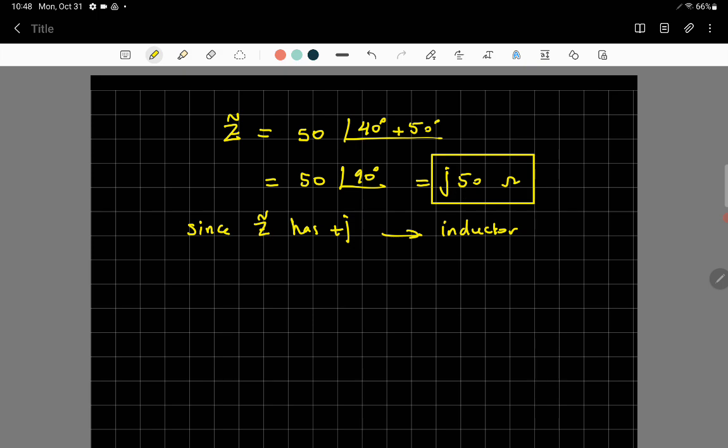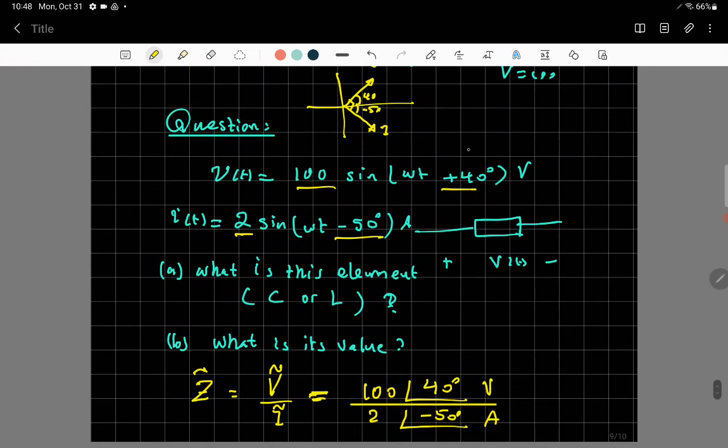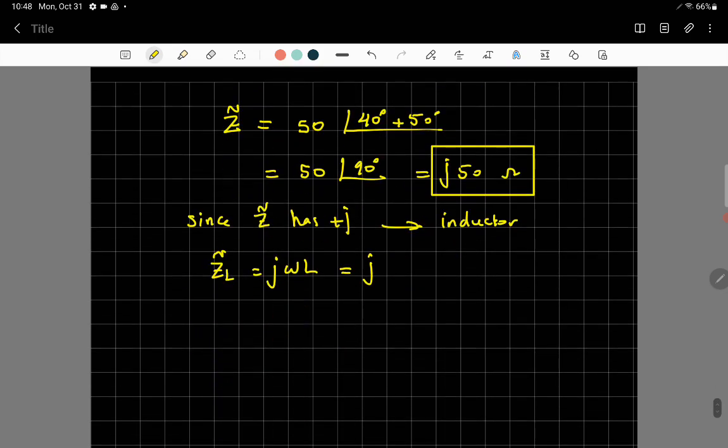So I said that's an inductor, and I know that ZL, we did before, equals j omega L. Omega is given, should omega be given? So let's say in this problem that omega is equal to 1000 pi radians per second. So j 1000 pi L, which I don't know, should be equal to j50.